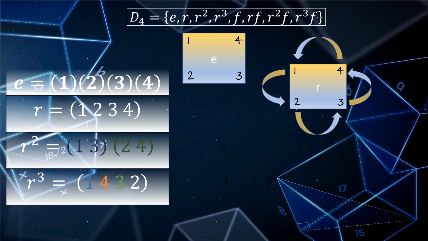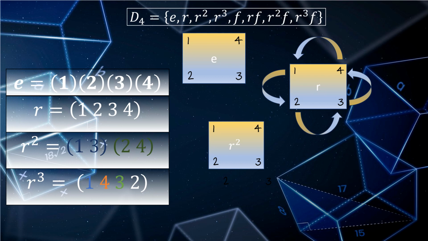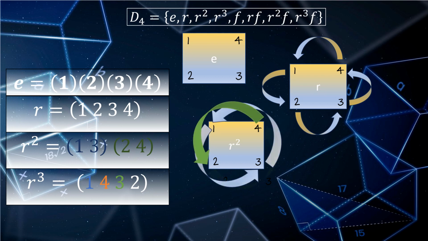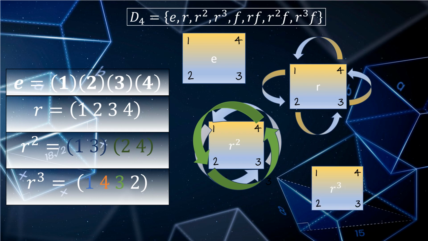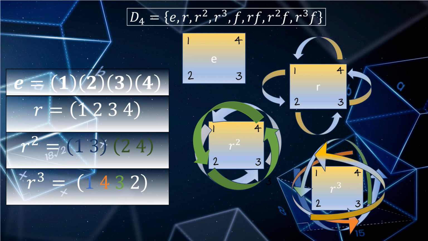Next is R squared, 180 degrees. Therefore, our permutation is 1 goes to 3 and 2 goes to 4. Next, R cubed, which is 270 degrees. Therefore, our permutation is 1 goes to 4, then 4 goes to 3, then 3 goes to 2.